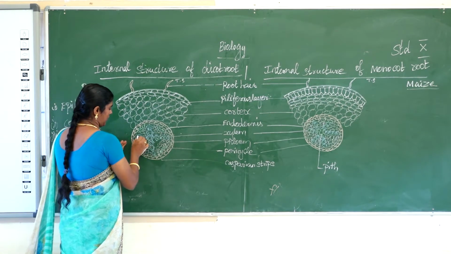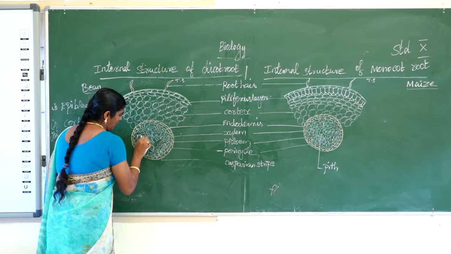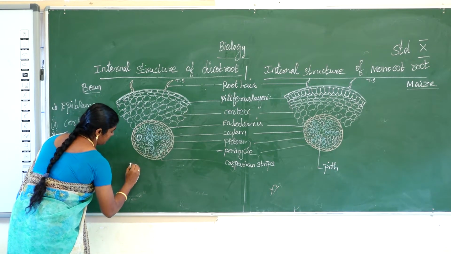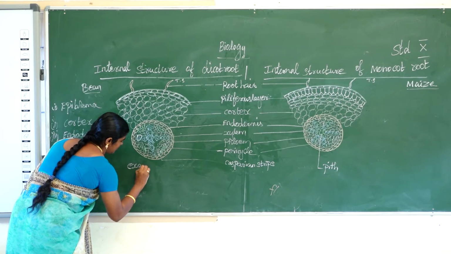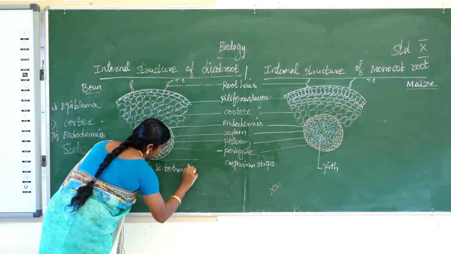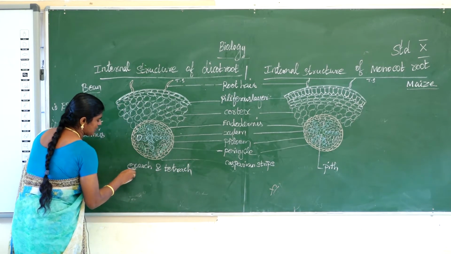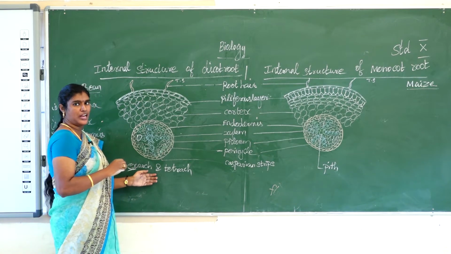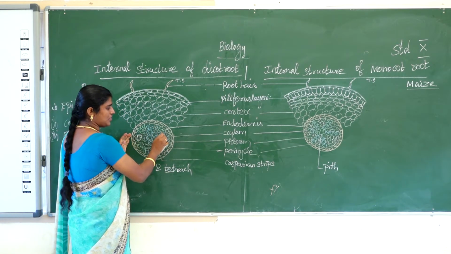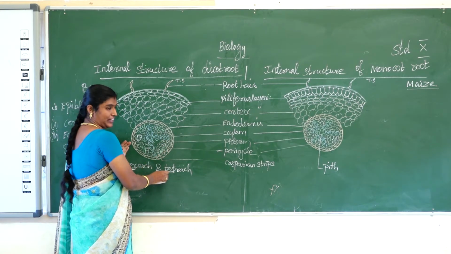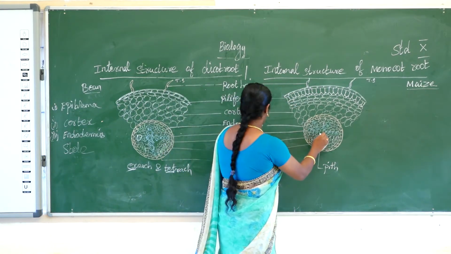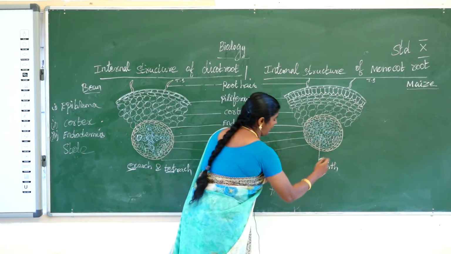Another important point: the vascular bundle is exarch and tetrarch. Exarch means protoxylem is towards the outside and metaxylem is towards the inner side, and tetrarch means 1, 2, 3, 4 xylem groups are present. In the internal structure of the monocot root, it is exarch and polyarch.